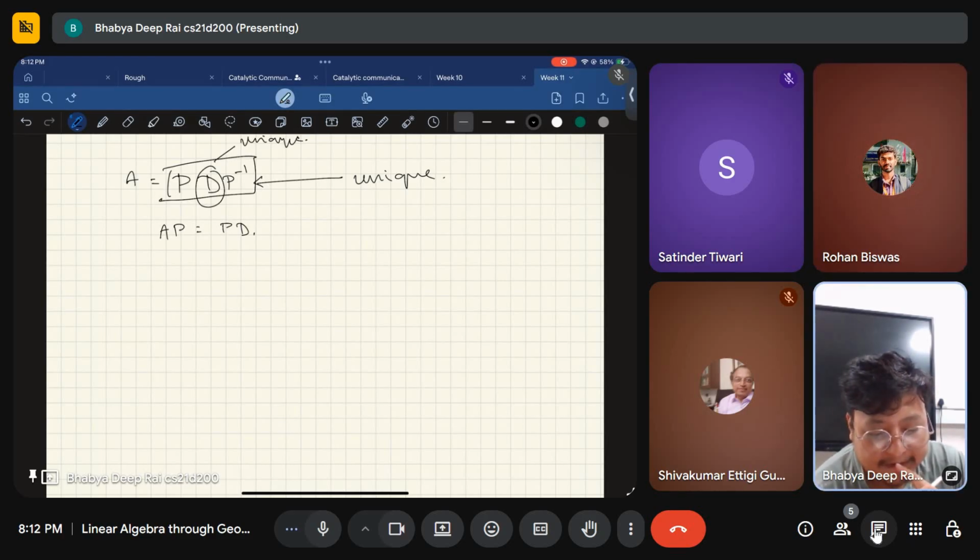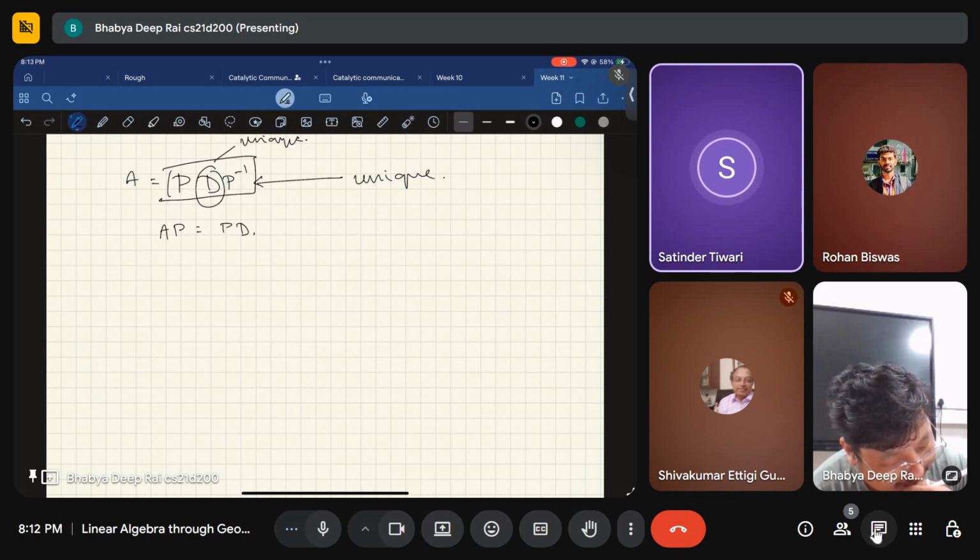Yeah. So I'm thinking, what Rohan has said, can we take the eigenvectors corresponding to the particular eigenvalues we have got?